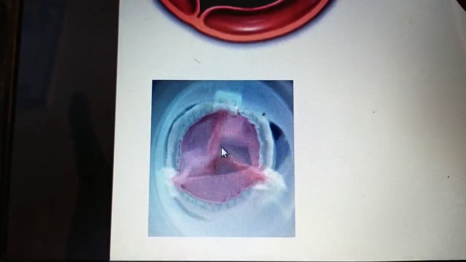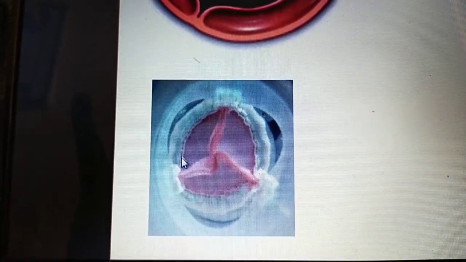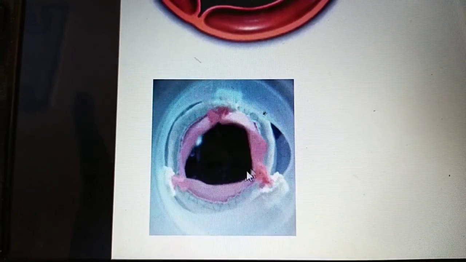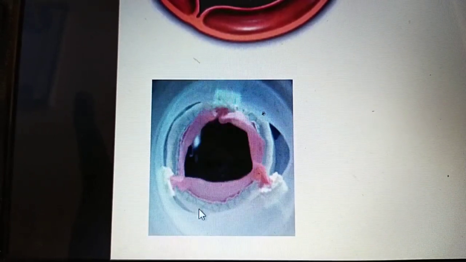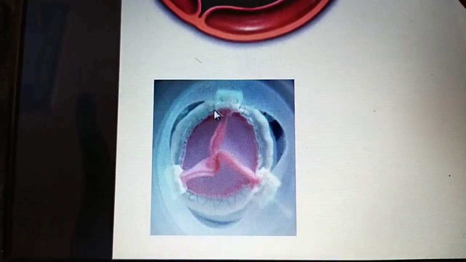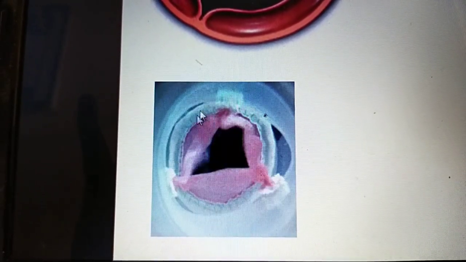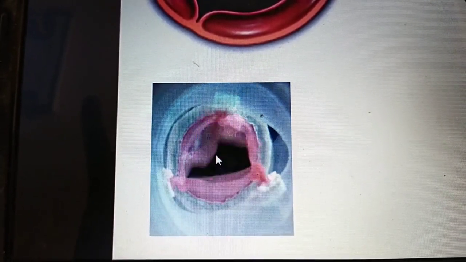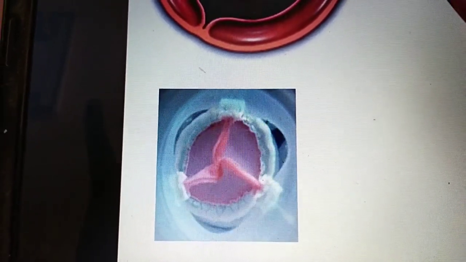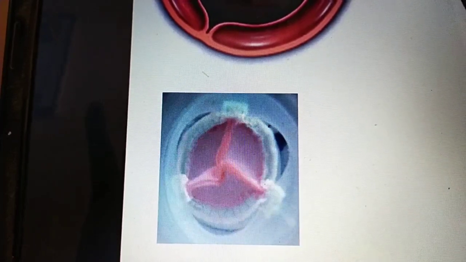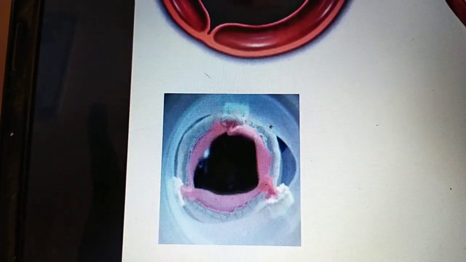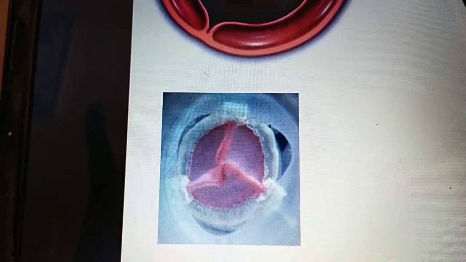You can see here the base of the valve. Here is one ring-like structure, called the annular ring. It is a fibrous ring that holds the valves. Most of all, the semilunar valves are present in the respective arteries, the aorta or the pulmonary trunk, at the root of the aorta and the root of the pulmonary trunk.